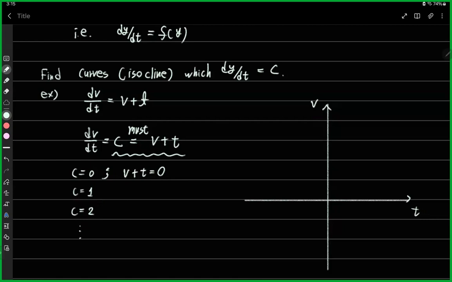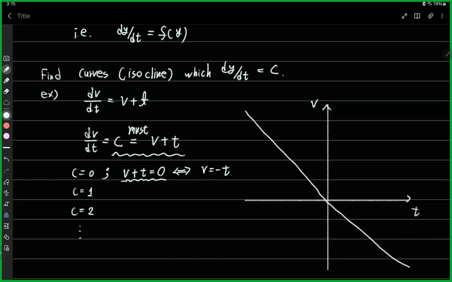From the right-hand side, we can figure out the slope of v. This is nothing but a linear equation in v and t. So v equals minus t. Just the line, right?